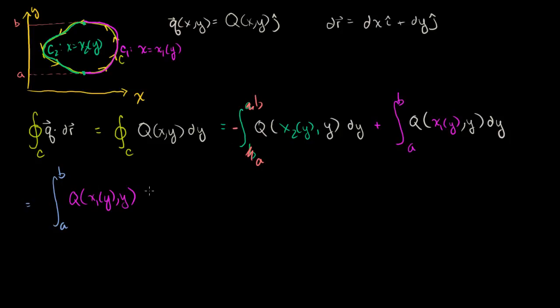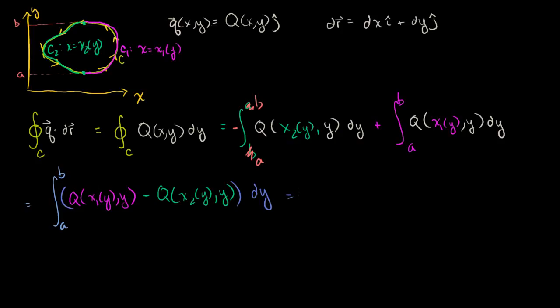We have the minus sign here, minus q of x2 of y, y, dy. That's multiplied by all of these things. I distributed out the dy. I think you get the idea. This is identical to what we did in the last video.